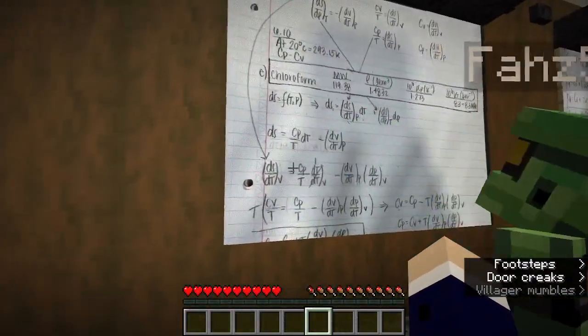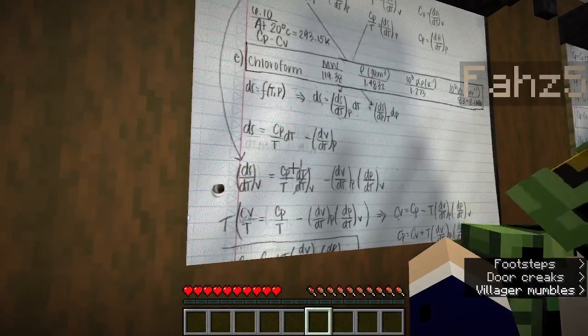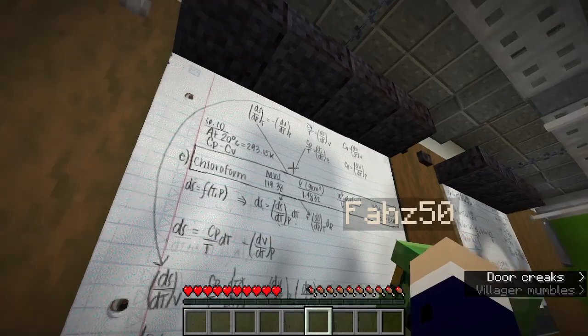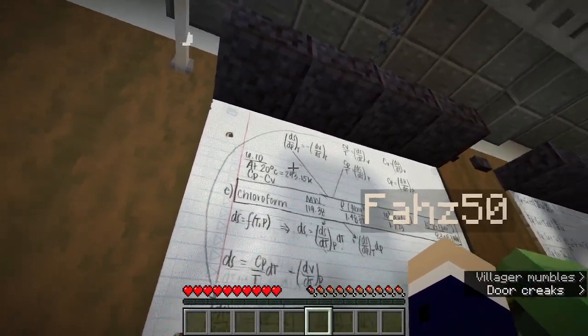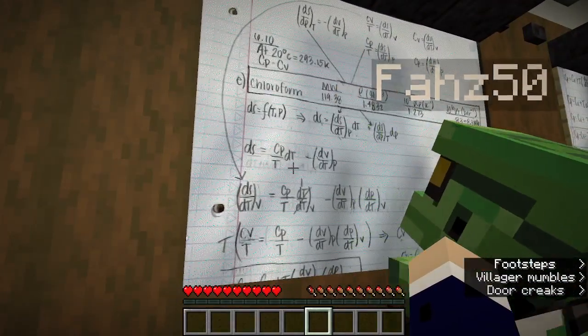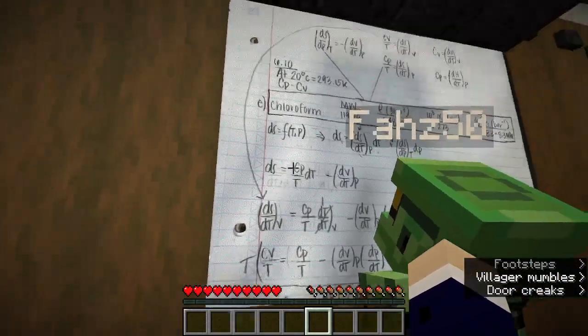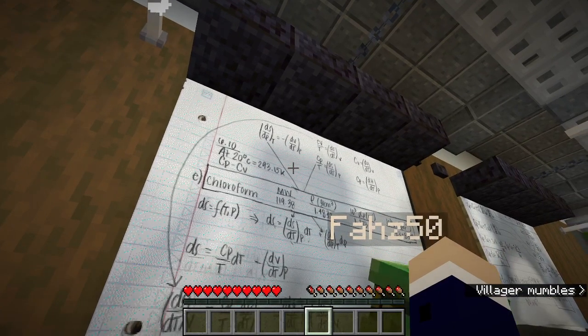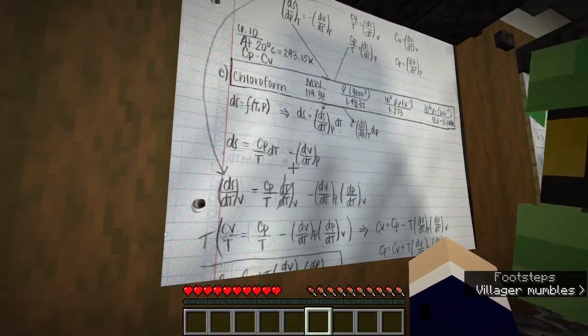As you can see, we already have a relationship in the top left where dS over dP at constant T is equal to negative dV over dT at constant P. So right away, we plug that in. And also we have dS over dT at constant P is equal to Cp over T. So from there, we plug it in.